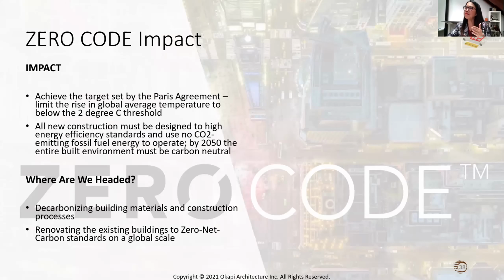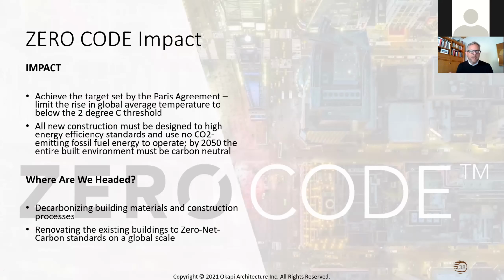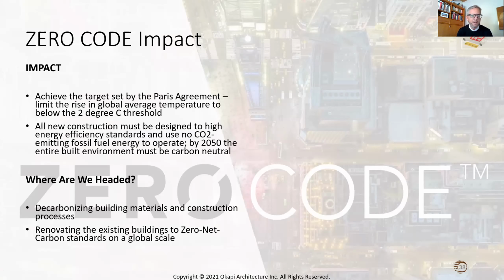So I'm passing this to Russell. Take it over, Russell. All right, thanks. Well, I'll try to be brief here. I'm just going to add a little more context on the Zero Code. This is an initiative supported by Architecture 2030, and it's really an overlay for the building code that can be adopted and implemented to reduce and eliminate fossil fuel consumption in buildings.